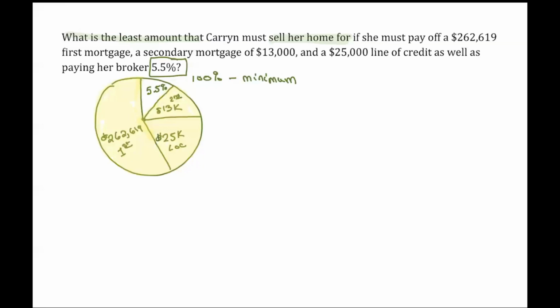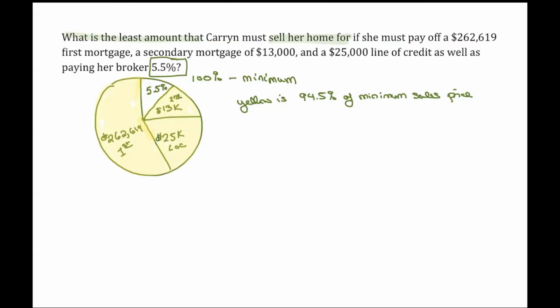What could we do? Well, what percentage is everything else? 94.5. There you go. So we know that all that yellow is 94.5% of the minimum sales price. How could we find the value of all of that yellow?